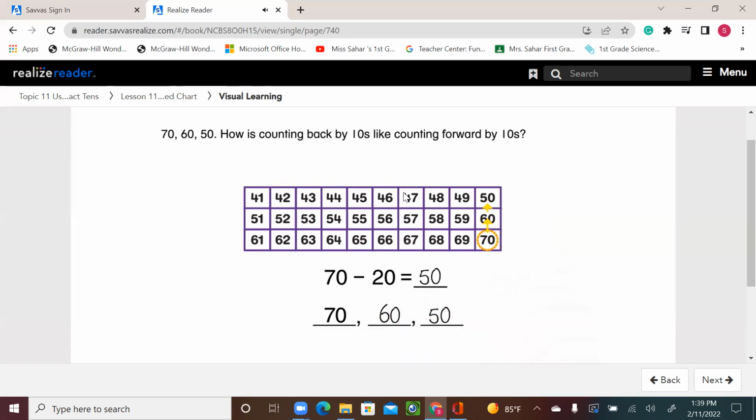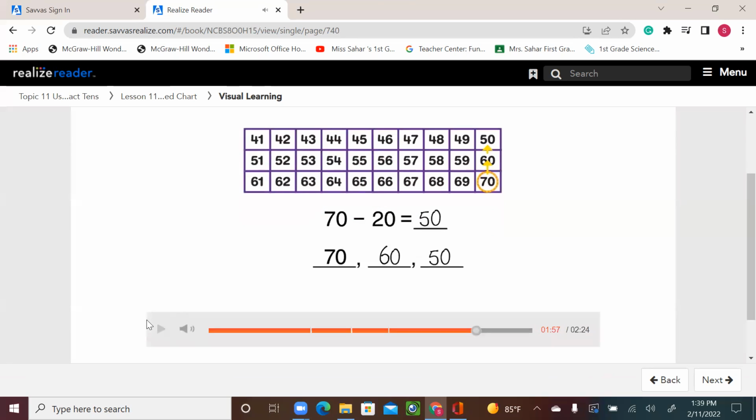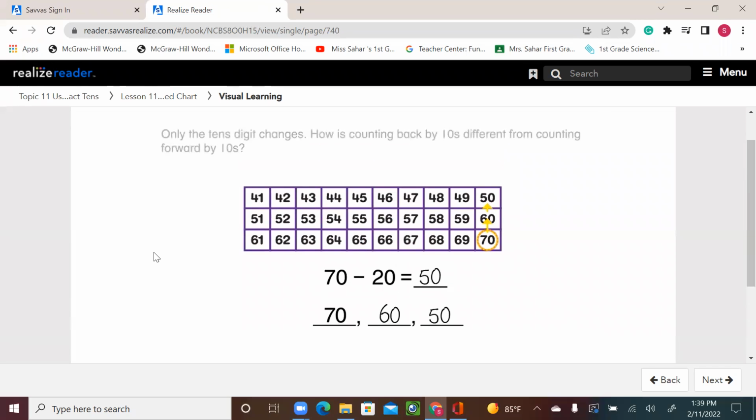How is counting back by tens like counting forward by tens? Only the tens digit changes. How is counting back by tens different from counting forward by tens? When you count back by tens, the tens digit decreases by 1. When you count forward by tens, the tens digit increases by 1.